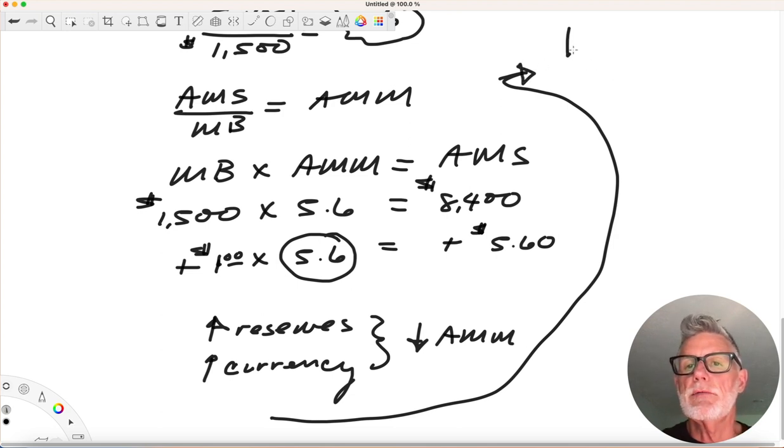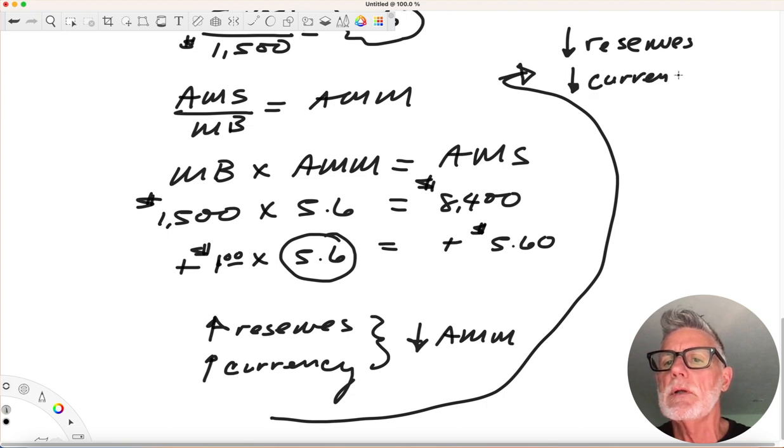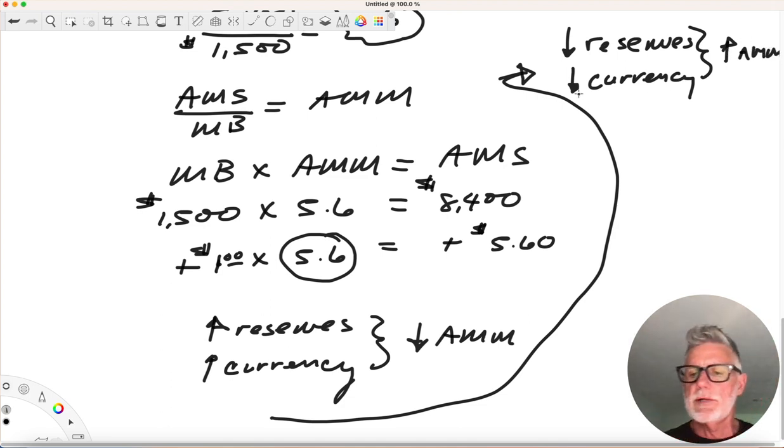So if there's relatively little reserves in the banking system, so banks aren't holding a lot of reserves, which means they're kind of living more on the edge. They're loaning out a lot. So if reserves are not very high and there's not a lot of currency in circulation, then what's the implication of that? You're going to have a high multiplier effect, high AMM. Okay, sorry for that, ran off the page.